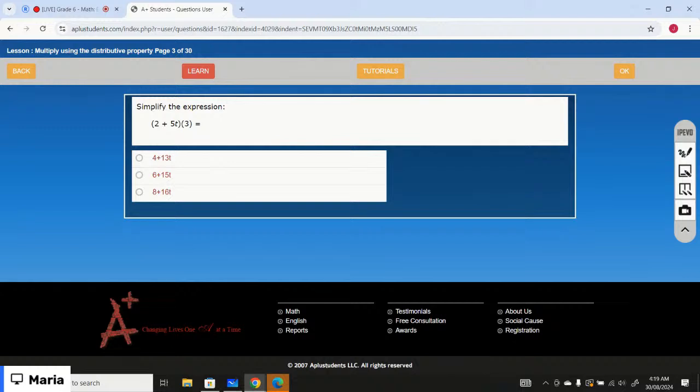Okay, simplify the expression 3 times 2 plus 5t. So which is the correct option?